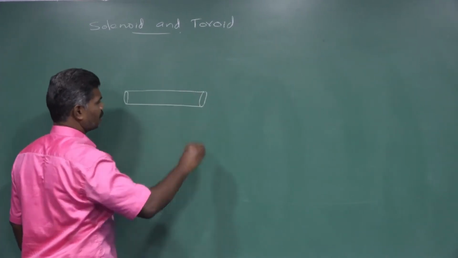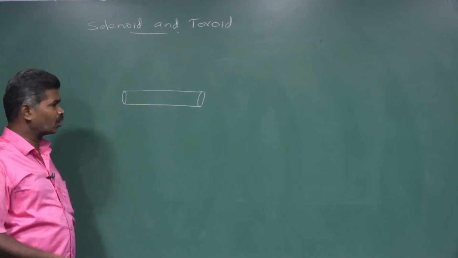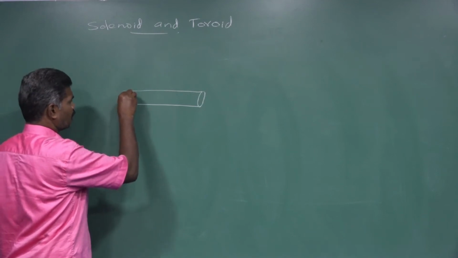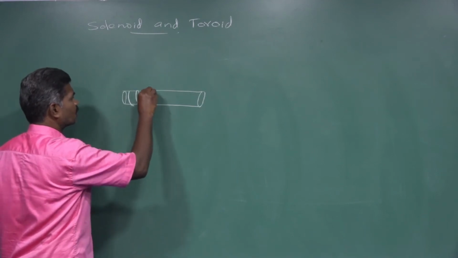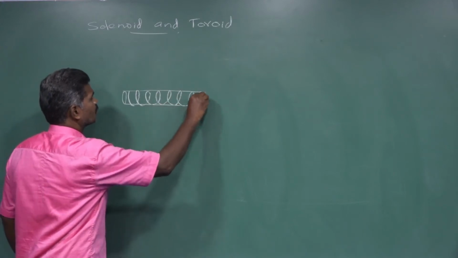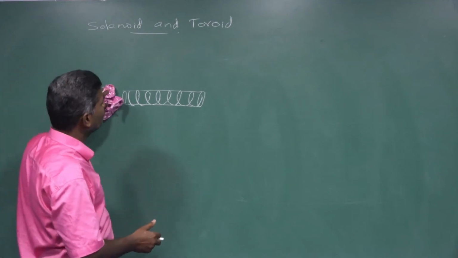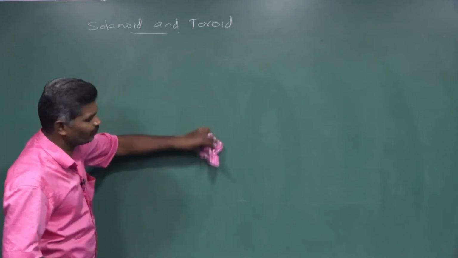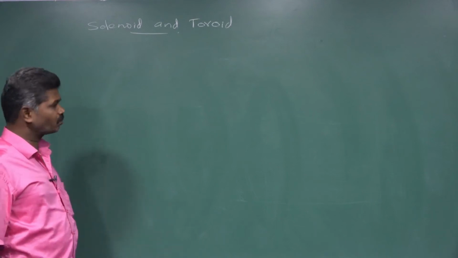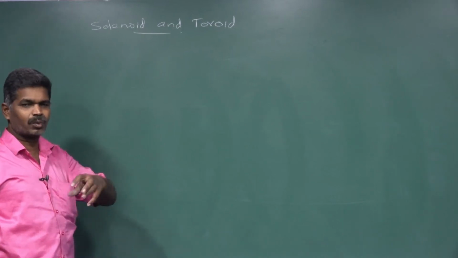This is a non-magnetic material. On that we are going to wind the copper wire. Actually we need a supporter, but in our book diagram it is given without the supporter.